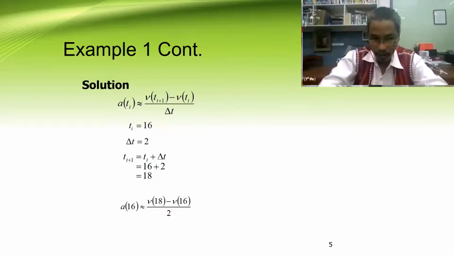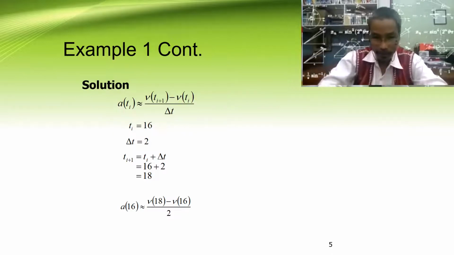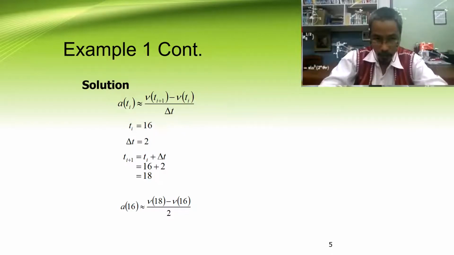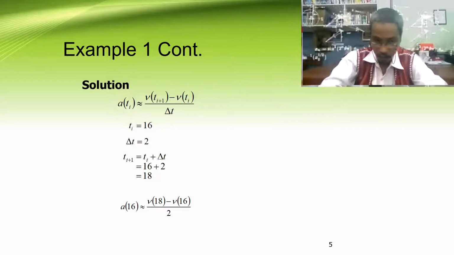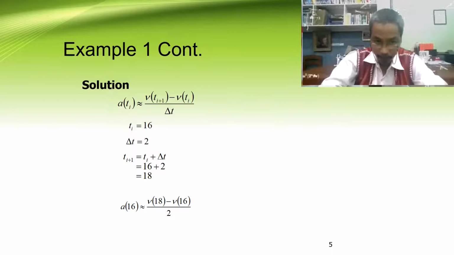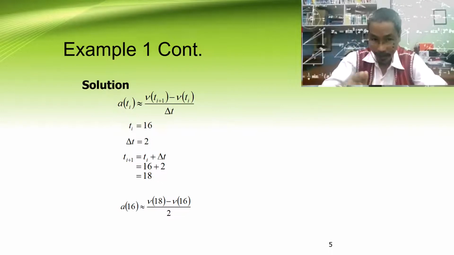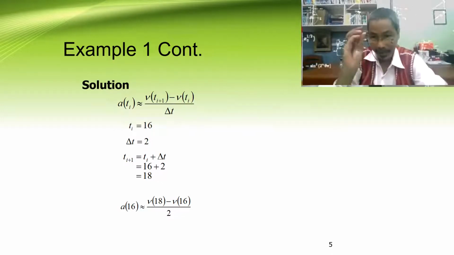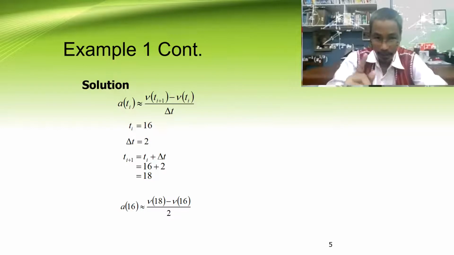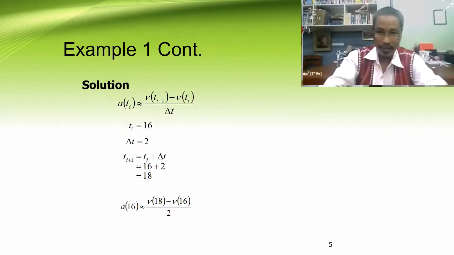So the acceleration function of time is approximately equal to the velocity function at time i plus 1 minus the velocity at time i, where time i is x and time i plus 1 is x plus delta x.